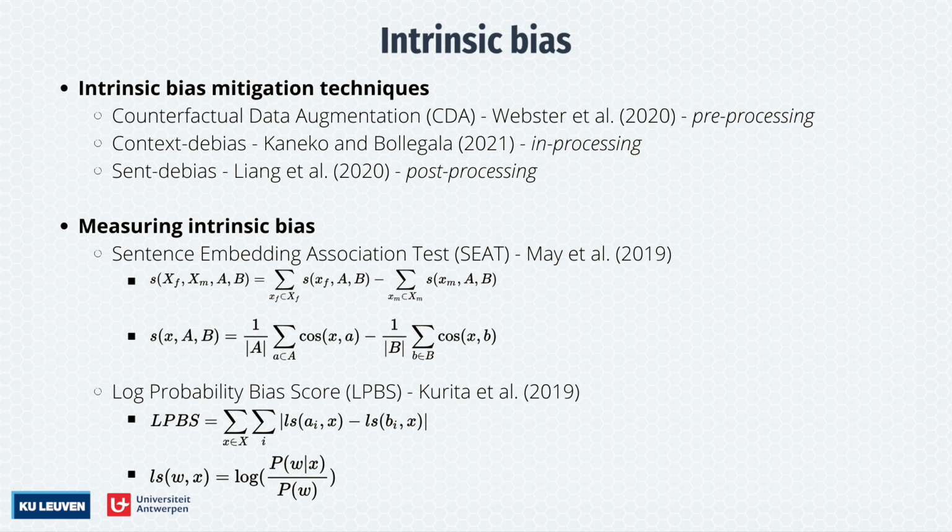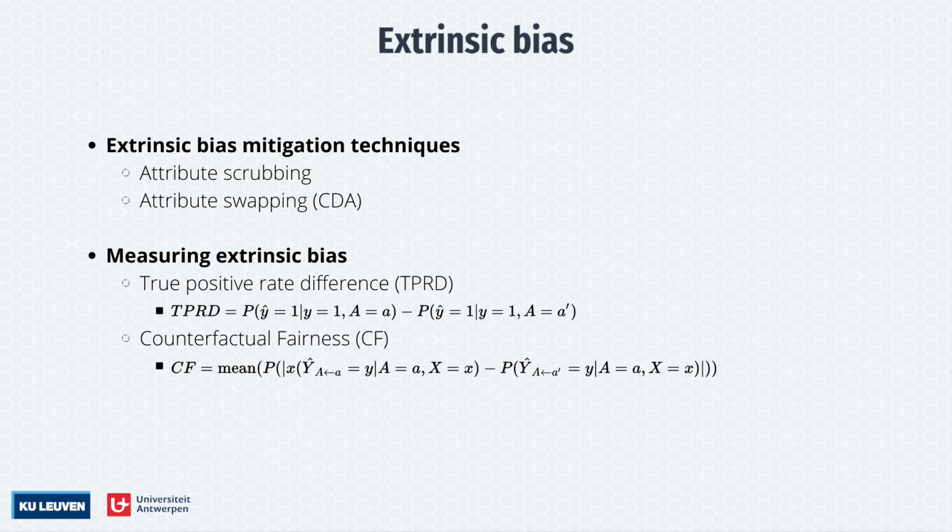But this is then contextualized, so for language models. And then you also have the log probability bias score, and that one tries to measure how likely a word is in its context.